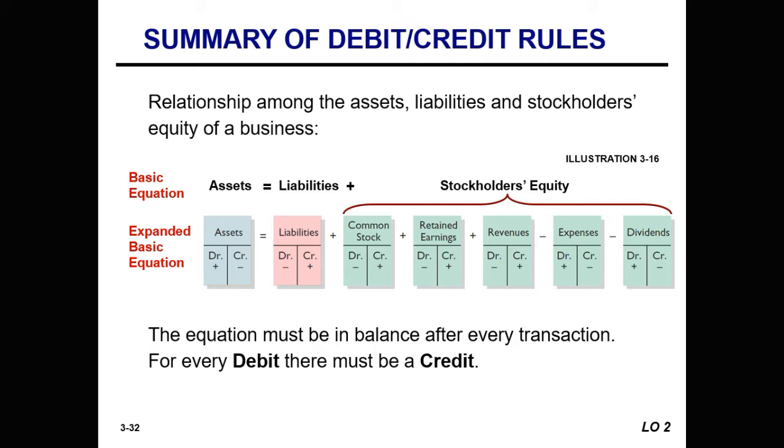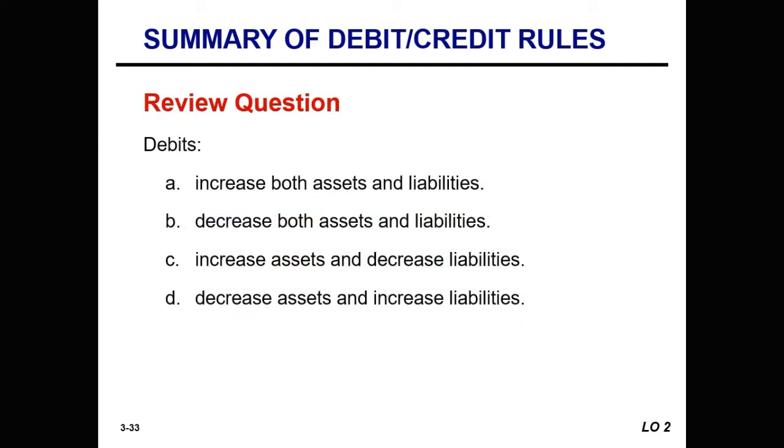Let's take just a quick minute and look at a review question on debits. Do debits A increase both assets and liabilities? Do debits B decrease both assets and liabilities? Do debits C increase assets and decrease liabilities? Or do debits D decrease assets and increase liabilities?